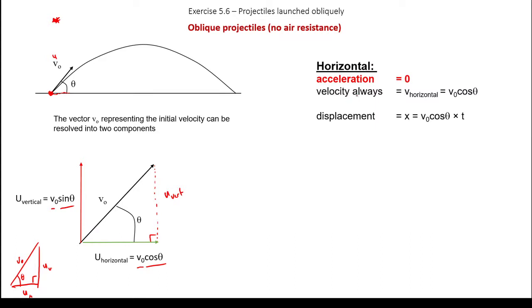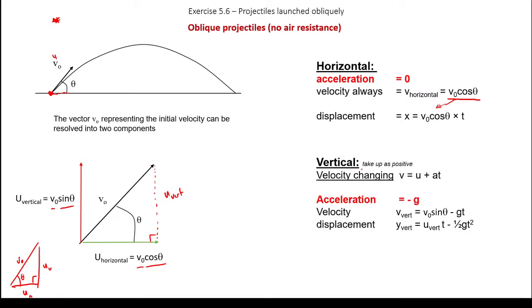Our horizontal velocity is our horizontal component, which we now know is v0 cos theta. We can substitute that in and get our displacement at any time. Displacement equals velocity times time, because there's no acceleration in the horizontal, and our velocity in the horizontal is v0 cos theta.